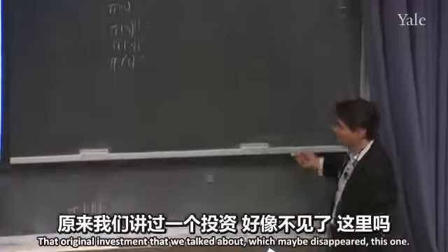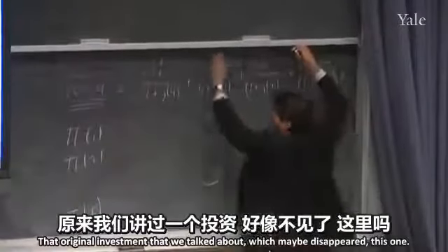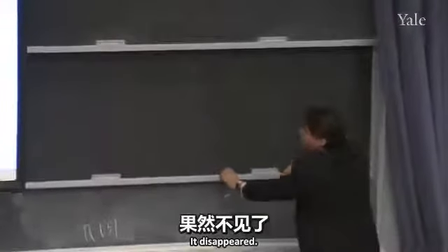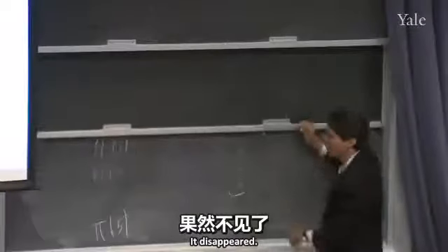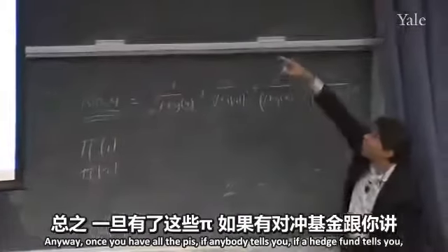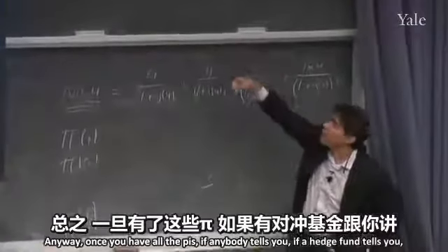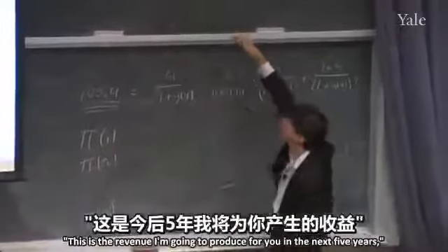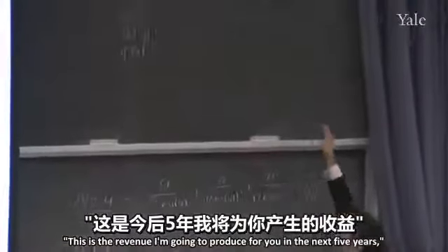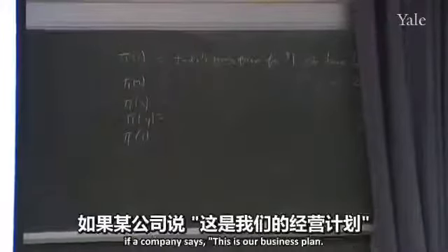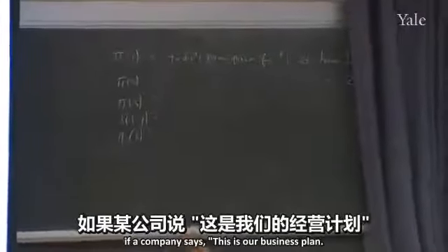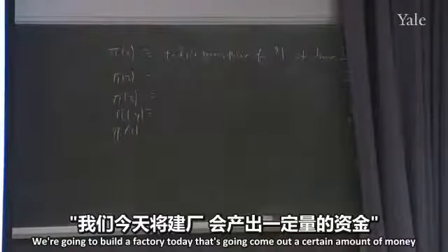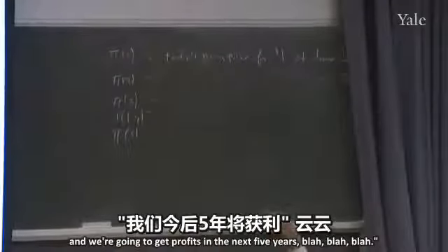That original investment that we talked about, which maybe disappeared. Anyway, once you have all the pies, if a hedge fund tells you this is the revenue I'm going to produce for you in the next 5 years, or a company says, this is our business plan, we're going to build a factory today that's going to cost a certain amount of money and we're going to get profits in the next 5 years.